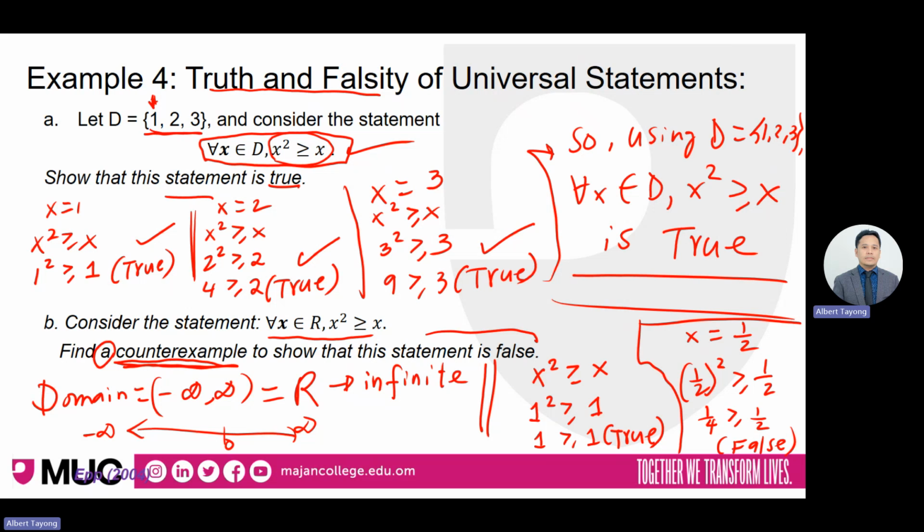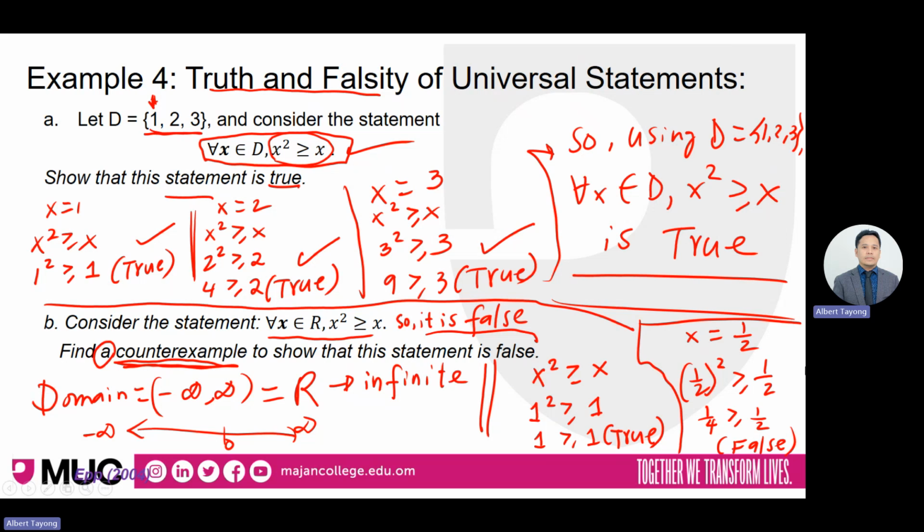Okay, so we found a counterexample. So it is false. So this statement is wrong: for all x in real numbers R, x squared is greater than or equal to x, because we have one example here that proves that it is false indeed.